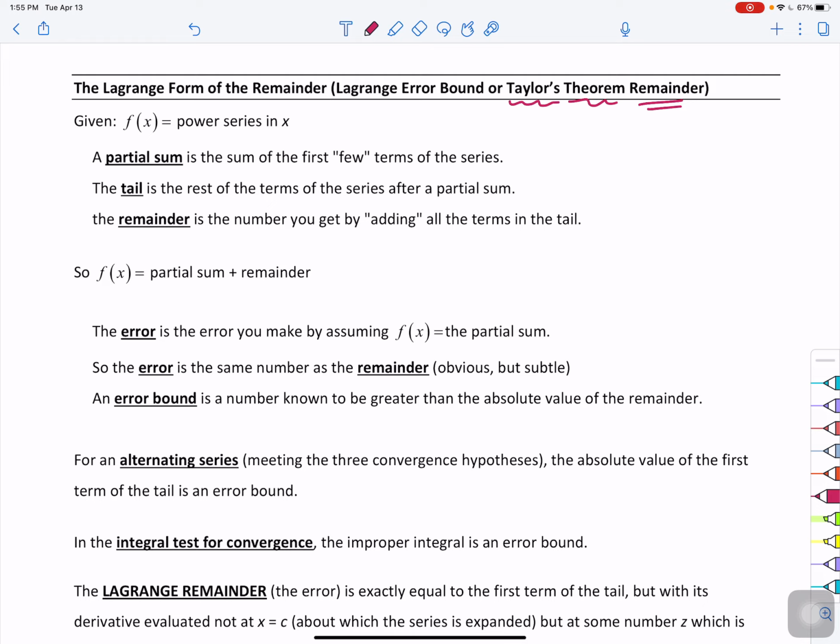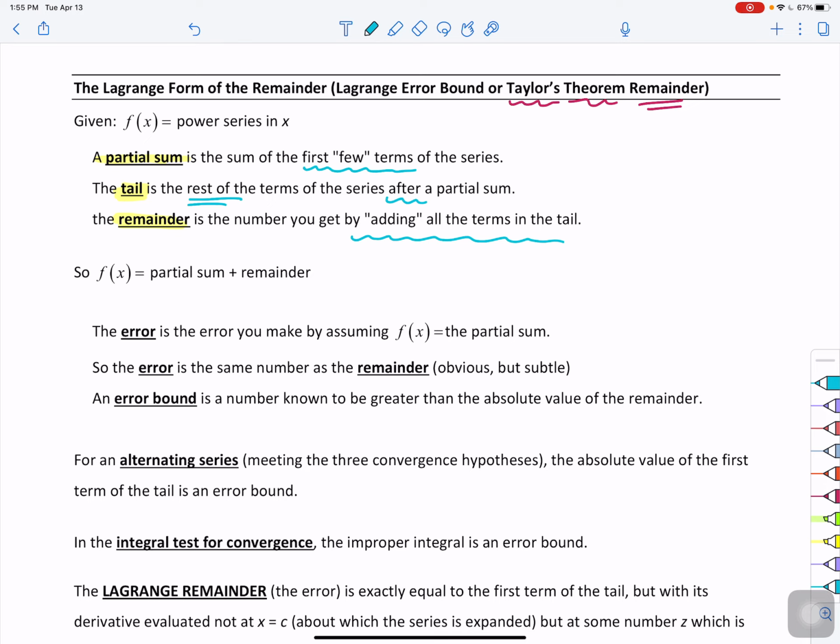If we are given f of x and it is a power series in x, if we have a partial sum, what we have is a sum of the first few terms of the series, okay? Now, the tail is the rest of the series after that partial sum that you took. And the remainder is the number you get by adding all of the terms in the tail together.